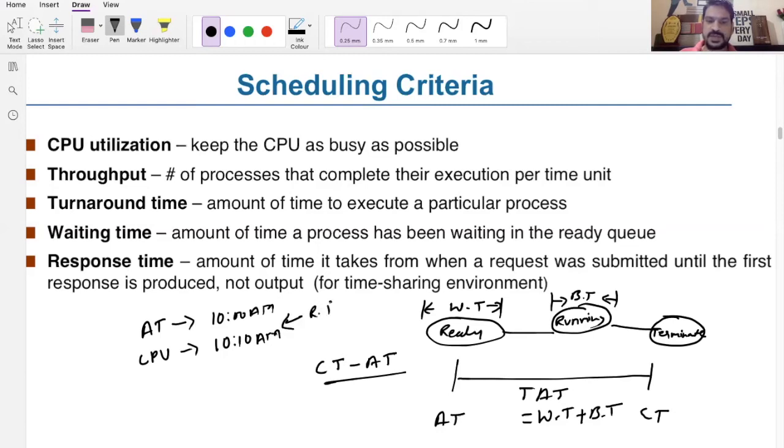So the first CPU allocation is called the response time for a particular process. All these are different criteria, based on which we create the CPU scheduling algorithm.